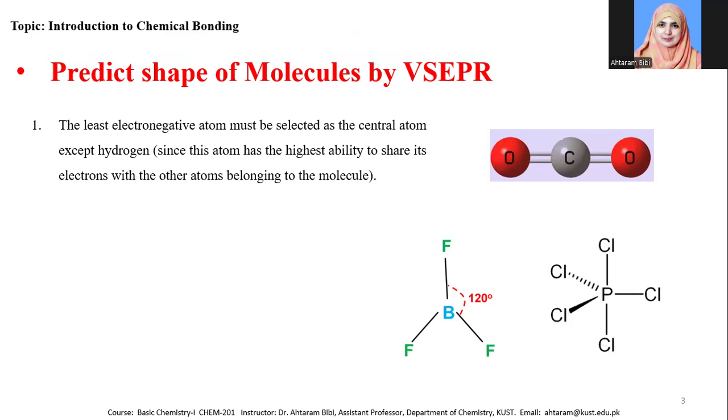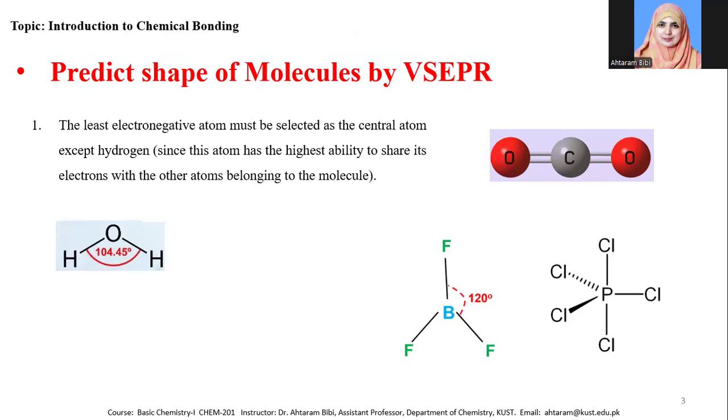Similarly, we can see the example of phosphorus pentachloride. Phosphorus is less electronegative, so it is in the center, and chlorine is more electronegative, so it is around the phosphorus atom. But in the case of hydrogen, hydrogen is less electronegative, but generally hydrogen is not present at the center. For example, we can see the water molecule.